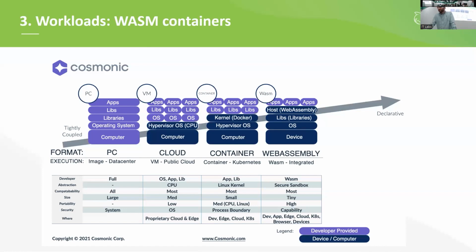So WASM plus WASI became actually a standard, and now I think 1 month ago, Docker announced that they have a beta version of WebAssembly containers, which means that if you use Docker Desktop and just allow beta features, you can actually run WebAssembly containers and see their power, their efficiency, their small footprint.